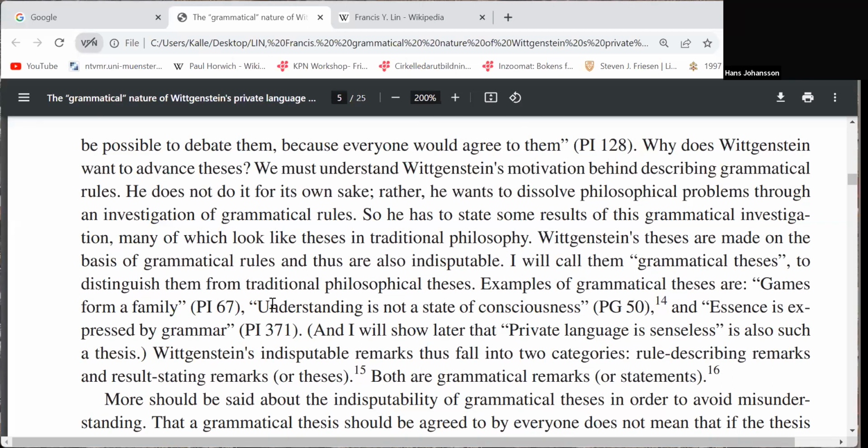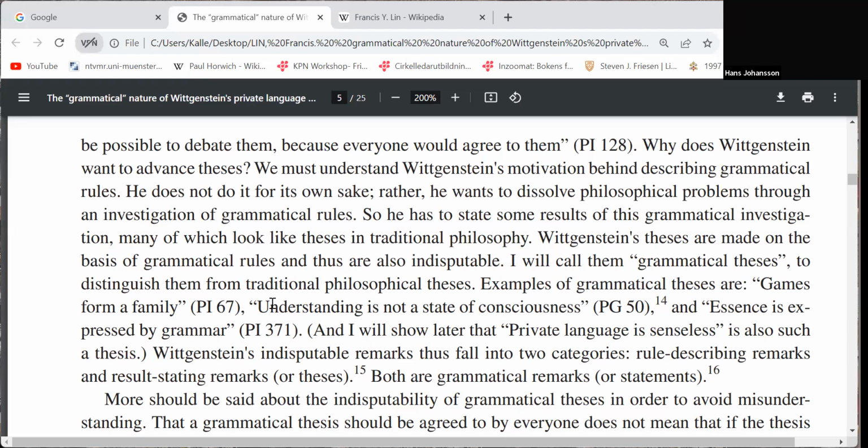Why does Wittgenstein want to advance theses? We must understand Wittgenstein's motivation behind describing grammatical rules. He does not do it for its own sake.